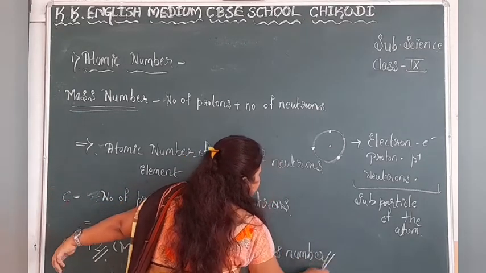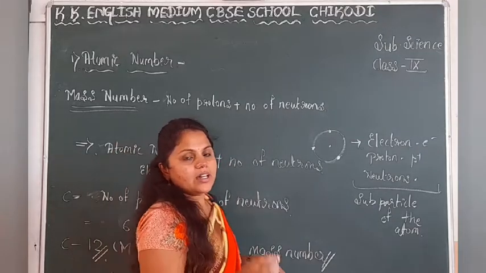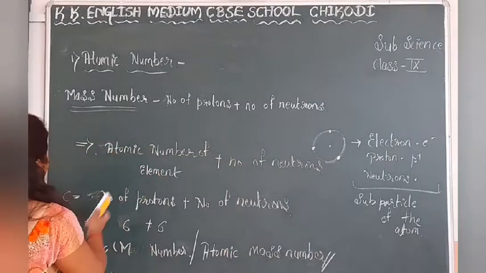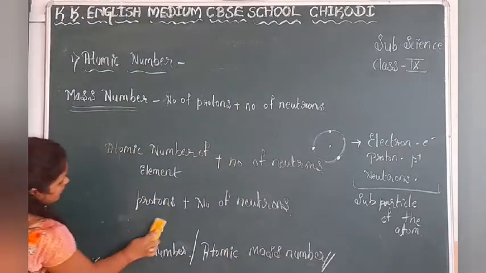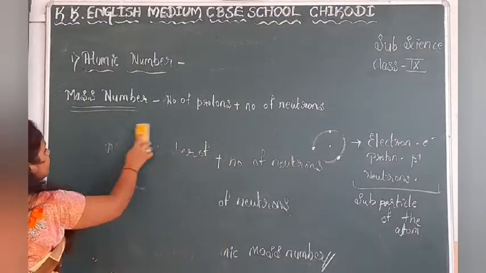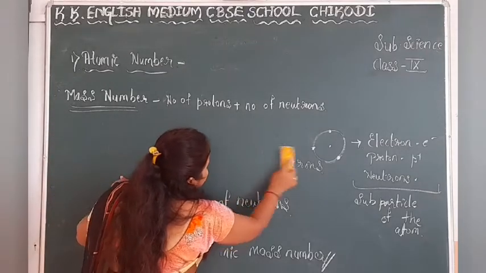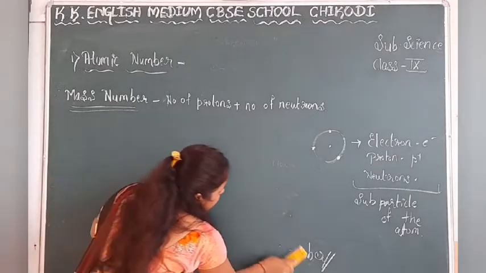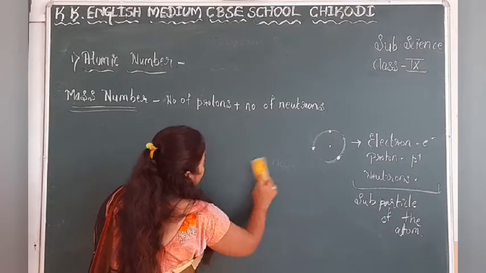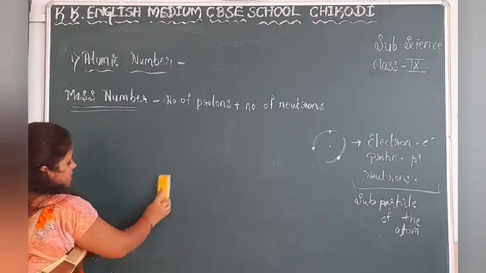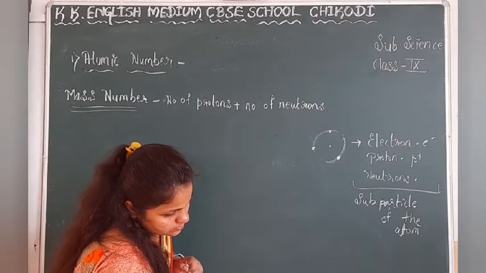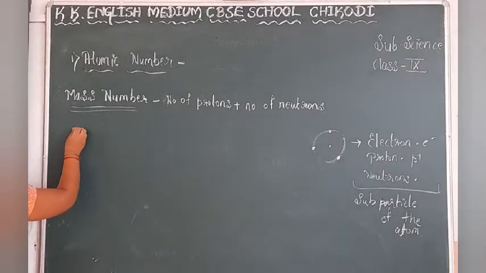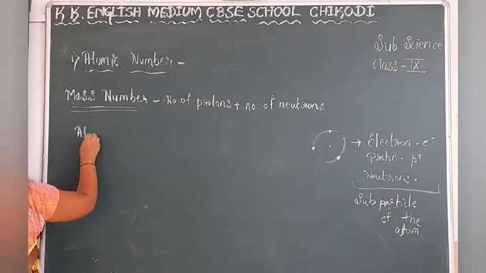Okay. Again, we are going to take another example, aluminium. So, in aluminium, what is the number of protons and what is the number of neutrons? Let's see. Suppose an element like aluminium.